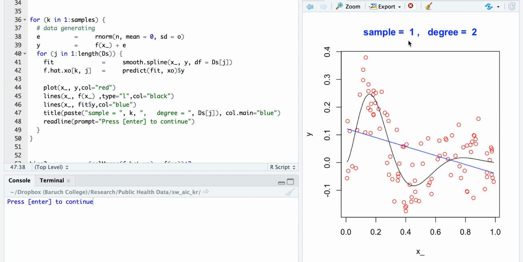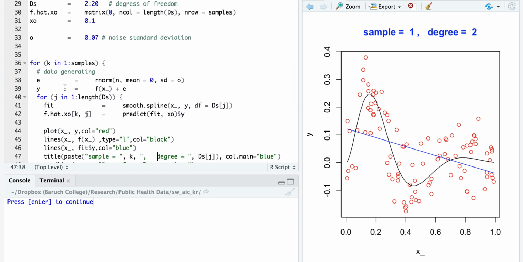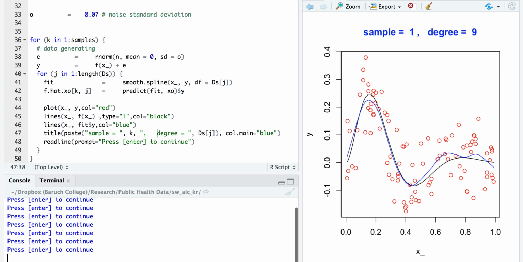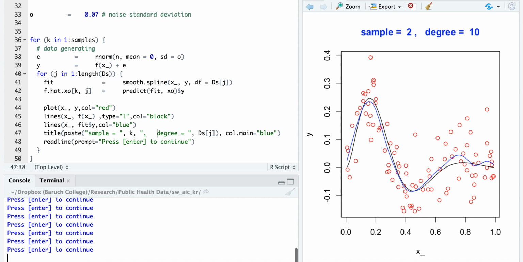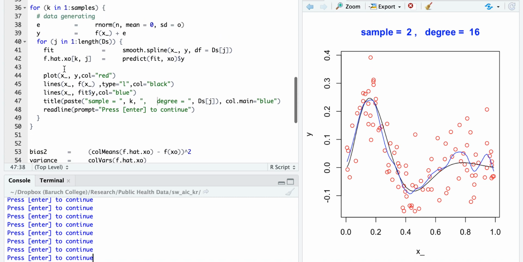Okay, so we know which sample we're talking about. Sample is our row, degree is our column, but degrees go from 2 to 20. That's why I use the index of the degree as a column. But now you see we have the first sample. Essentially, the data is the same. That's why it's the first sample, second sample. Anyway, this will happen, and then we fill this matrix.